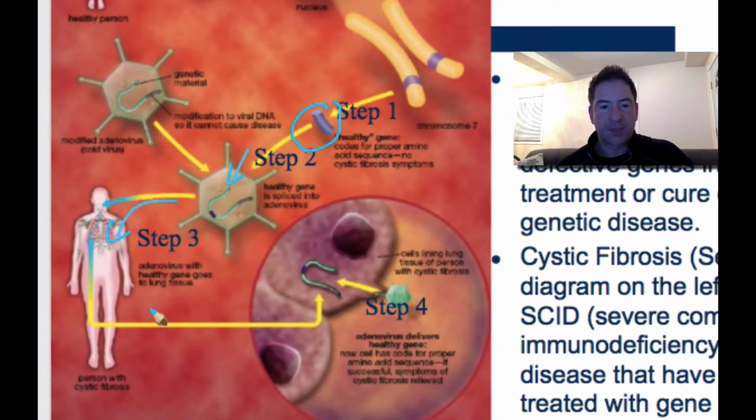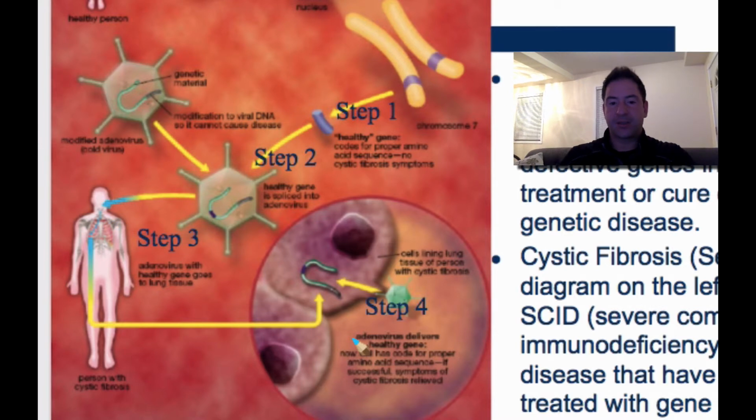The healthy gene starts going into the lungs, and it starts replacing those bad cells, and eventually it's going to cure the lungs as well. We inject this into a virus, inject the virus into the human, and then it starts working and producing healthy cells that essentially are going to cure us.